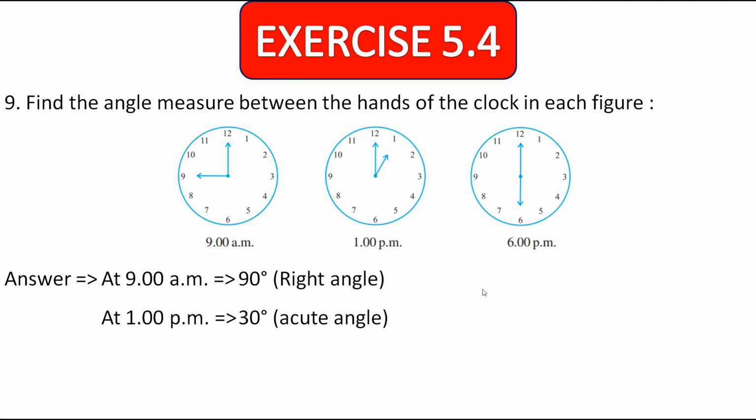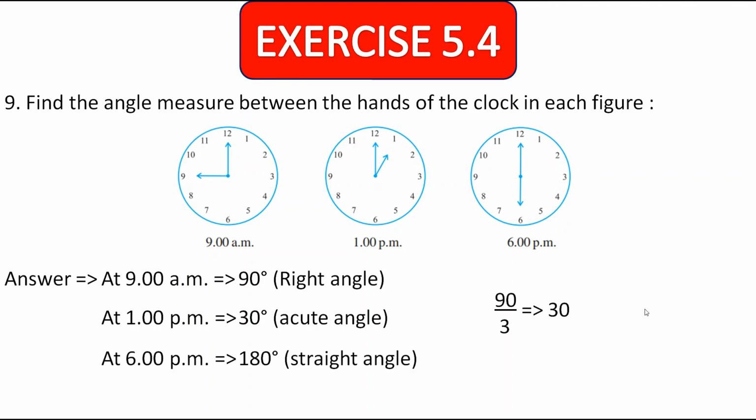How did I do it? 90 divided by 3, I got 30 degree. Now you can check here. See, 30 plus 30, 30, 30. If you add up 6 times, you are going to get 180 degree. And as you all know, a straight angle is equal to 180 degree. So this works. So at 6 p.m. it is 180 degree, a straight angle.